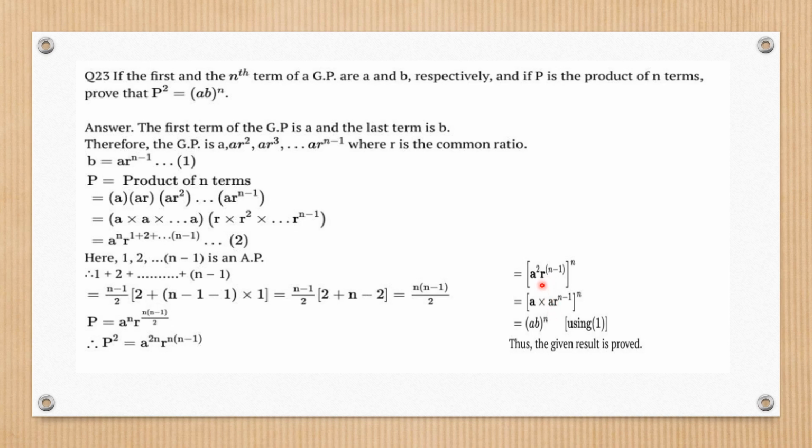If I separate it as a into a r n minus 1, then raised to power n, this is your a, and this itself by number 1 is your b. So it becomes ab raised to power n by using equation number 1, and this I think we were required to prove, that P square is equal to ab raised to power n.